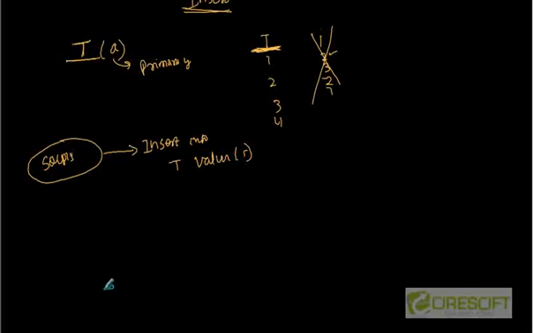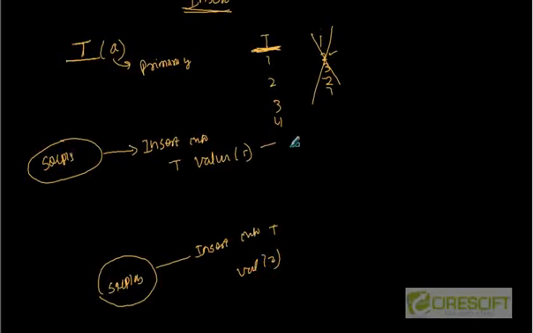I have another SQL*Plus, and from that one I'm going to do insert into T values 2. In that case, this is going to be inserted and that is going to be inserted, but remember we have not committed. Now in this SQL*Plus I'm going to do another insert into T values 1.